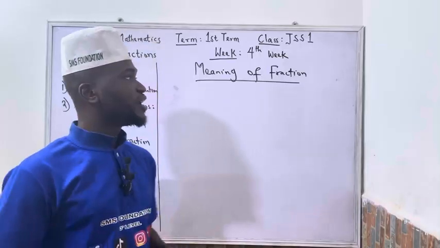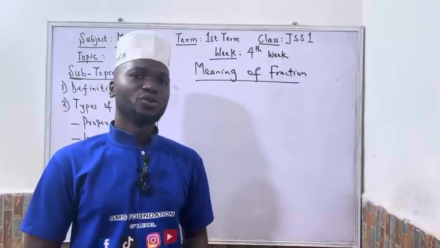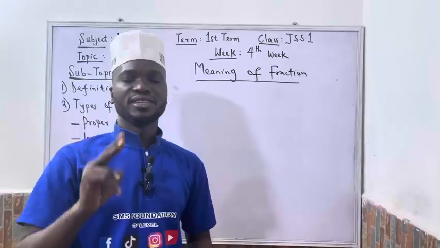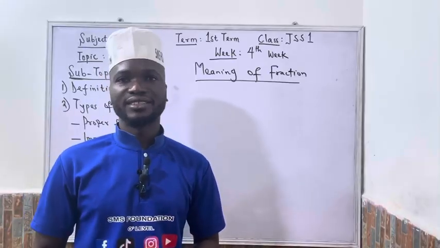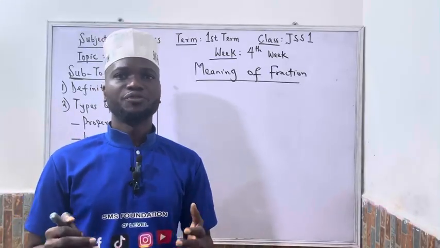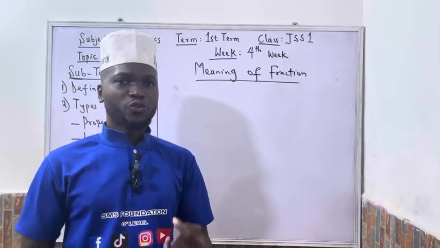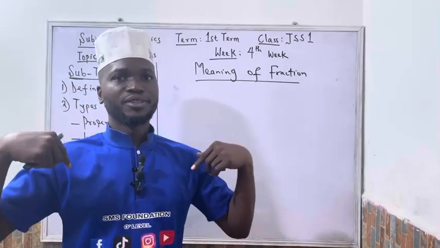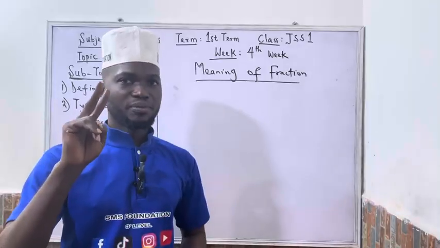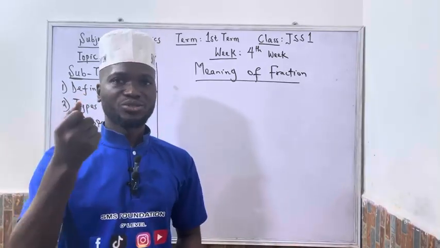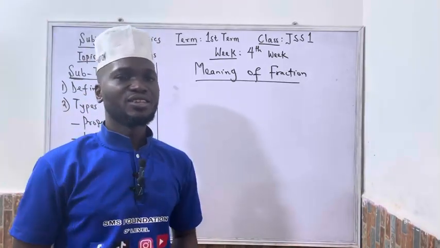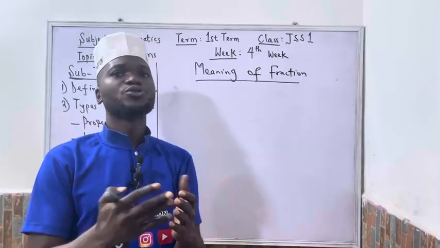Good. In Nigeria, we have 36 states. If you pick just 2 states out of the entire 36 states, for example Lagos State, where we are, and Kwara State, where I come from, you have selected 2 states out of 36 states. So I can say this is 2 out of 36.